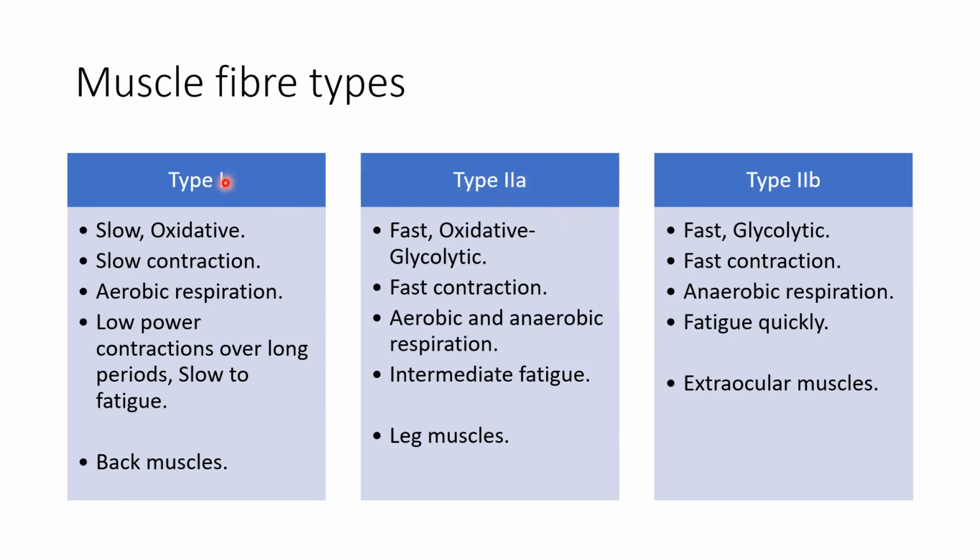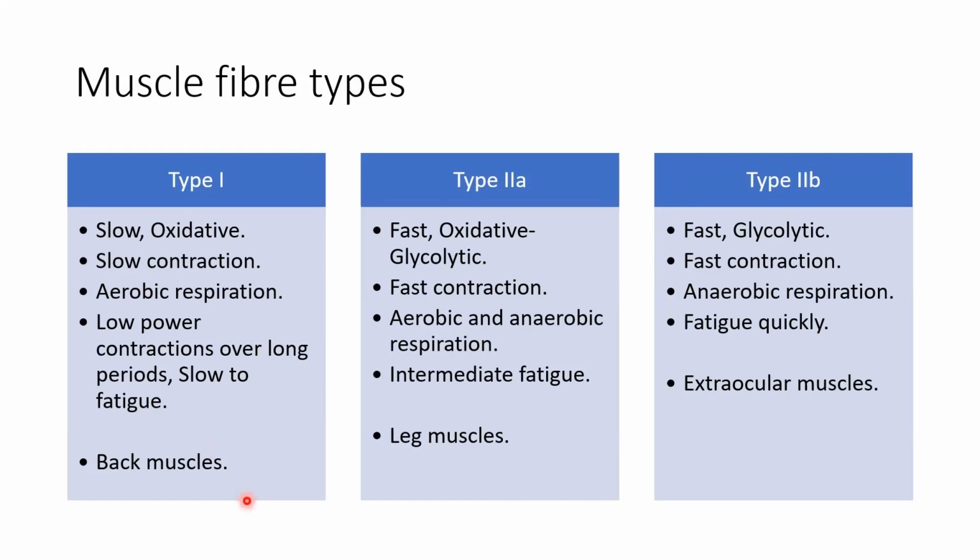Type 1 muscle fibers are slow and oxidative. These have aerobic respiration and are used for slow and prolonged contractions, such as the muscles used for posture.